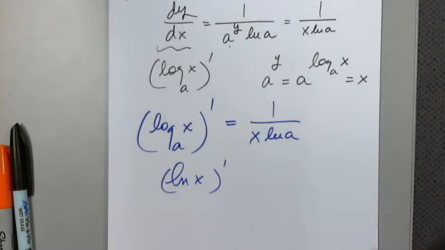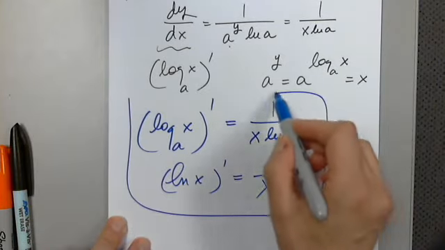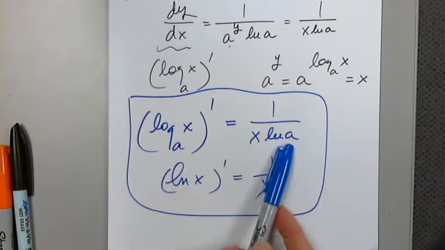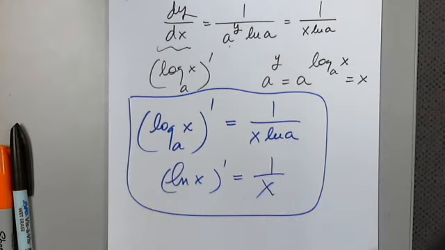E. Correct. So what will the answer be then? 1 over x. That's it. But we have to remember both, because you may encounter another base than e. And when you do, don't forget about natural log a.